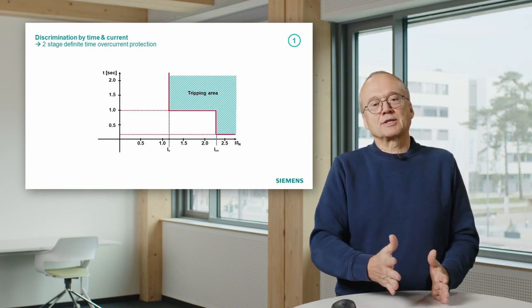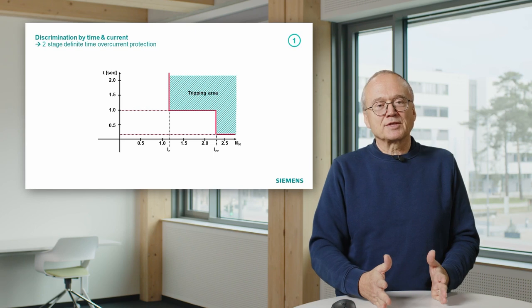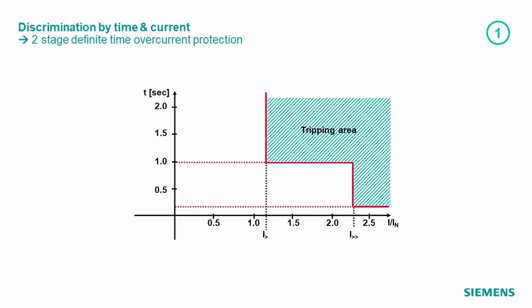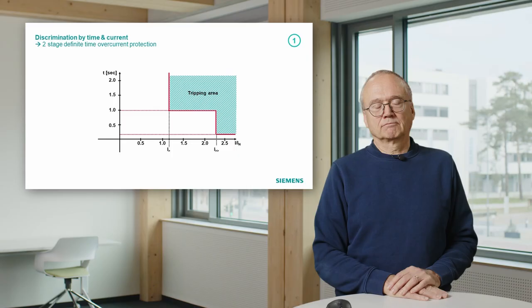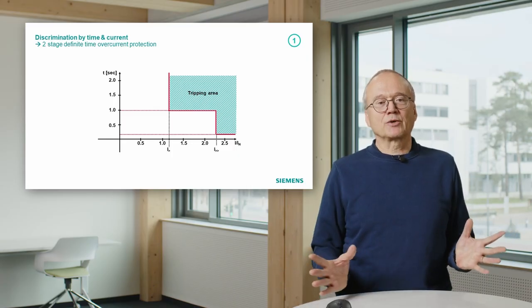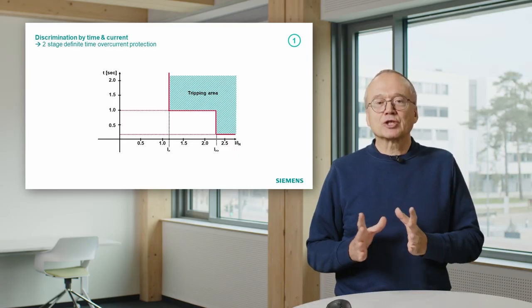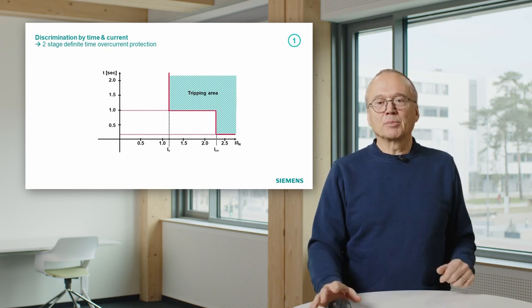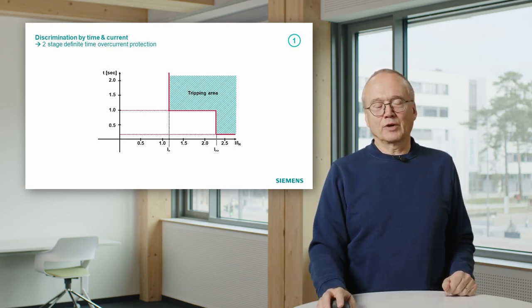If the current is above this setting I greater, it will trip with a relatively long trip time. And then if the current exceeds a certain setting value I greater greater, it will then trip with a much shorter tripping time. So that is a characteristic which is called two-stage definite time overcurrent protection, which is available in all definite time overcurrent relays.